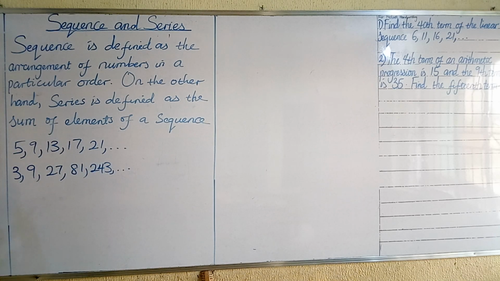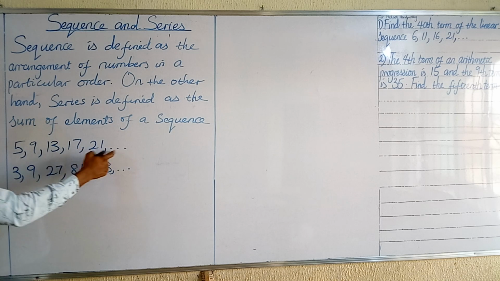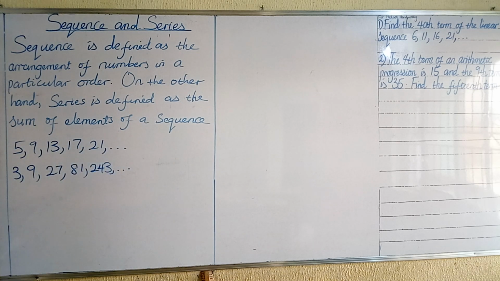Alright, these are sets of numbers. And if we look at these sets of numbers, each member is referred to as a term. And these 3 dots here symbolize that the numbers continue indefinitely.